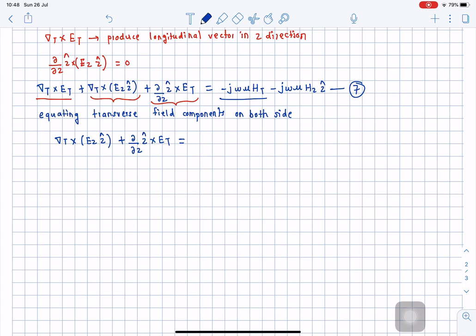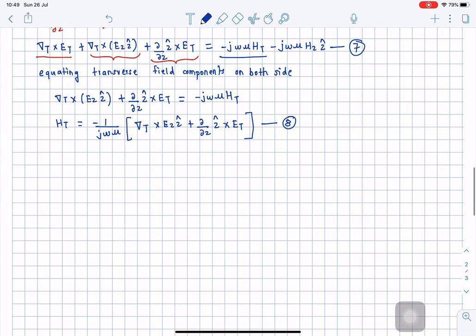And on the right hand side, if we equate only the transverse component, that is underlined over here, minus j omega mu H t. So in equation 7 we have equated the transverse field components on the left and right hand sides. Now we will write this equation in terms of the magnetic term: H t is equal to minus 1 upon j omega mu, into the bracket del t cross Ez z cap plus del by del z of z cap cross E t. So I wrote the above equation in terms of H t, and let us call this equation number 8.